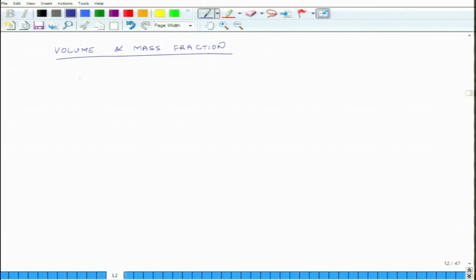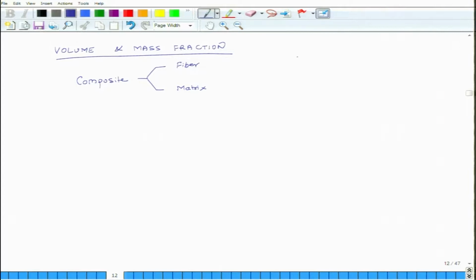So, typically you have a composite, and it is made up of two important ingredients, fiber and matrix.